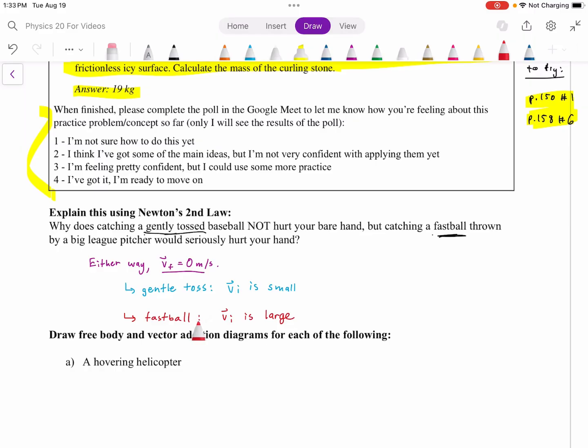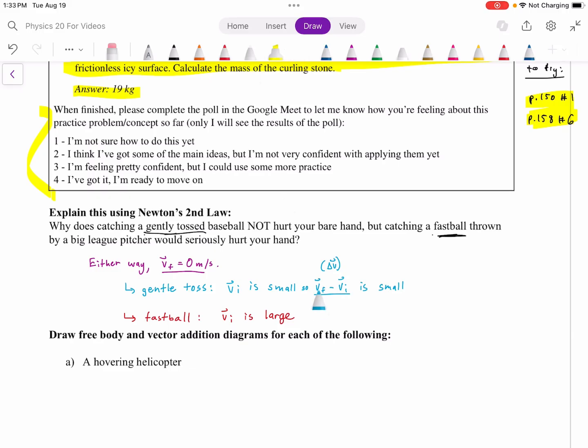So think about what that means for the change in velocity, right? If they both have the same final velocity, and this started with a small initial velocity, then the change in velocity, VF minus VI, is going to be small for the gentle toss compared to the fastball, right?